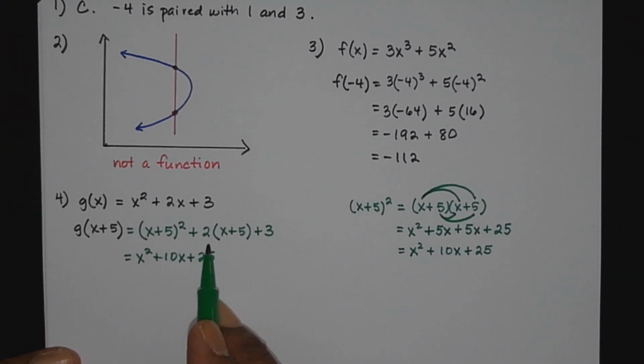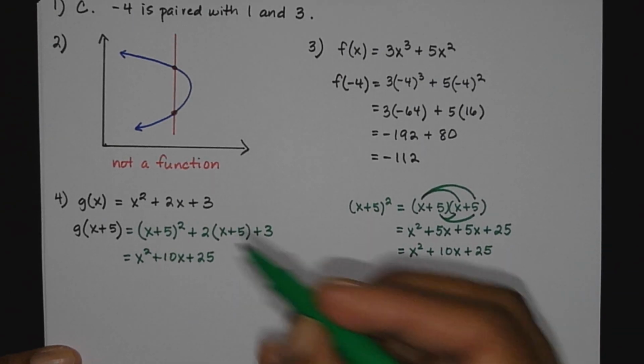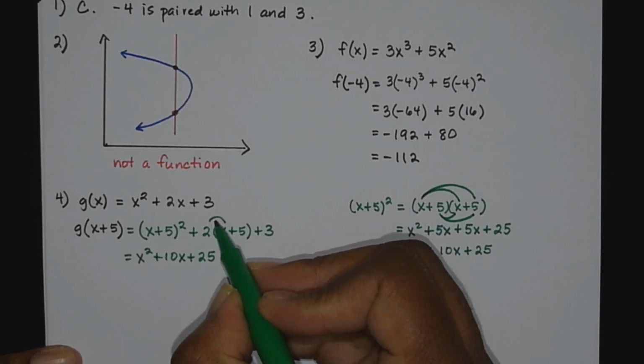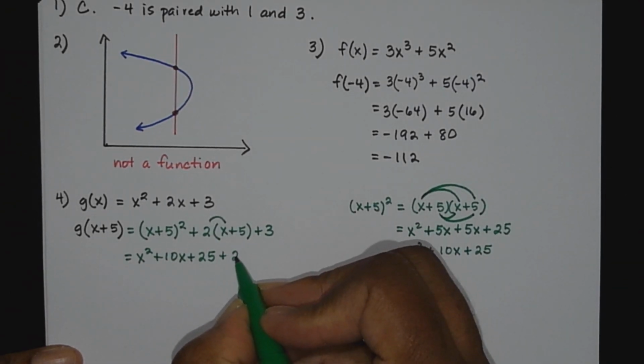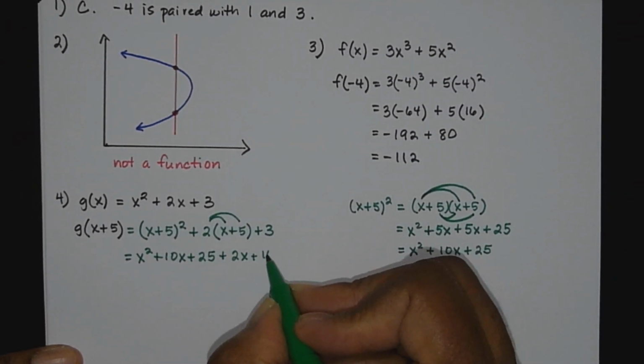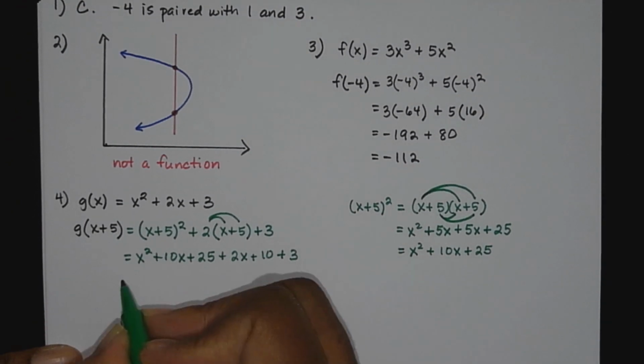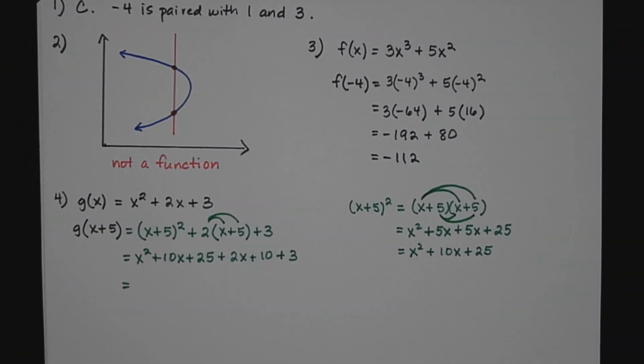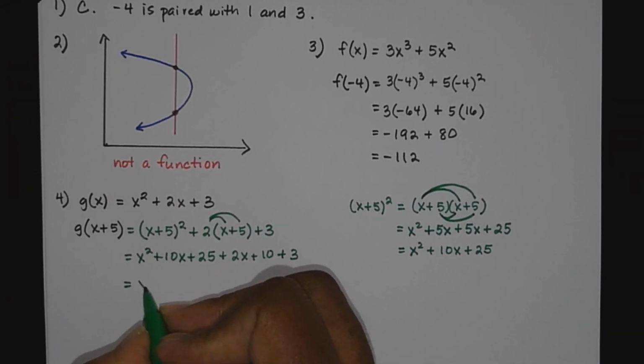And then distribute the 2 over the x plus 5. 2 times x, that's a plus 2x. And then plus 2 times 5 will be 10. Bring down that plus 3. Now let's combine some like terms here. Bring down the x squared.